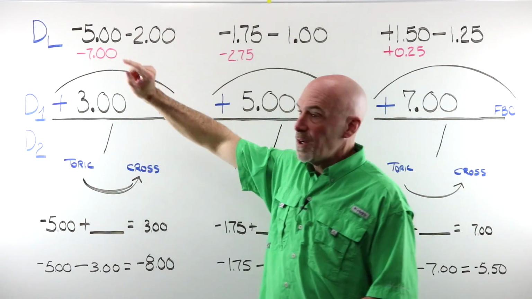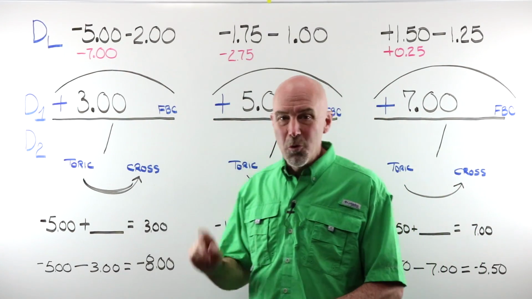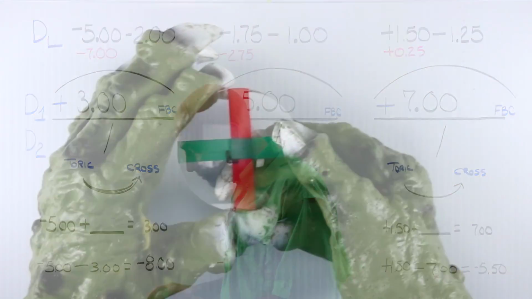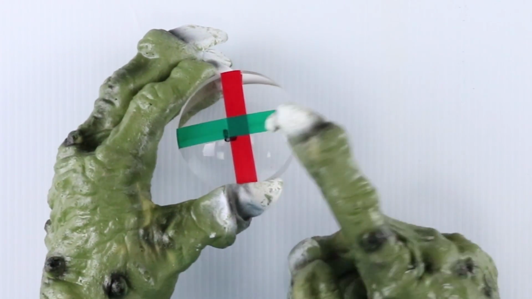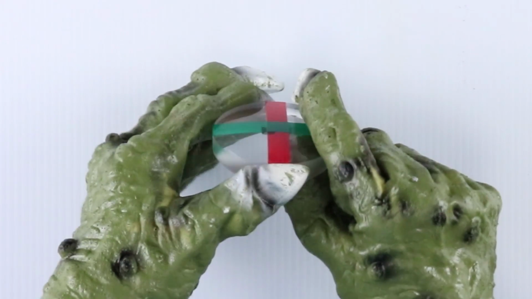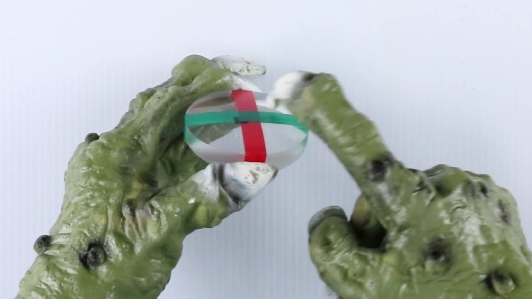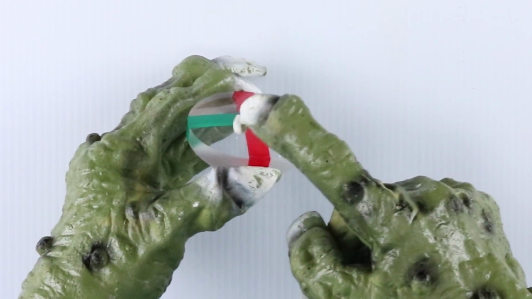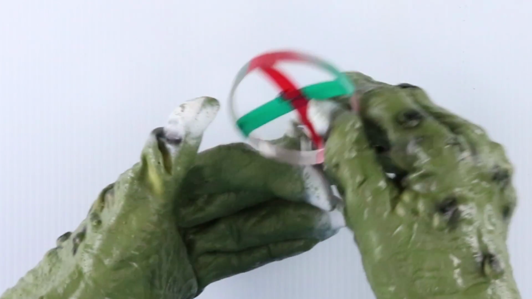Let's take a look at our -5, -2 a little bit closer one more time. If I have my front base curve, if I clocked that in the perfect world as a concept or an idea, I'd end up with a +3.